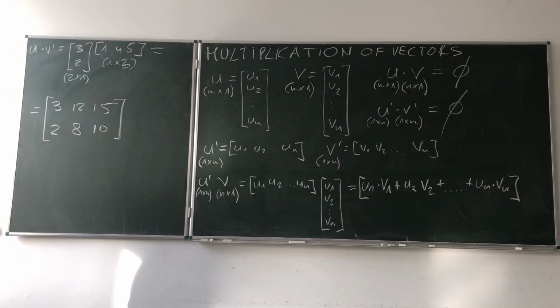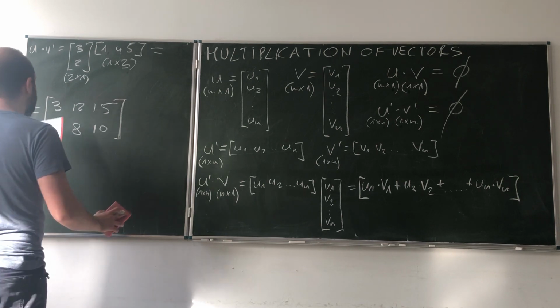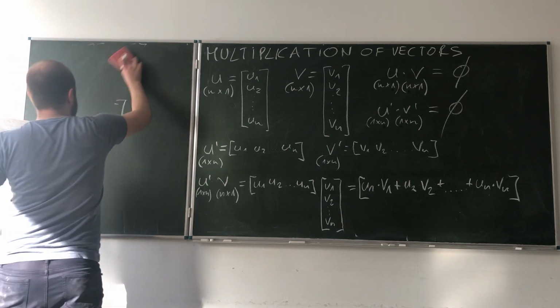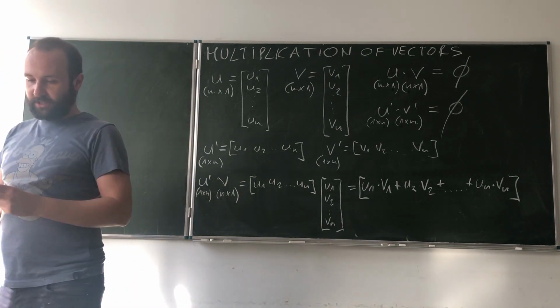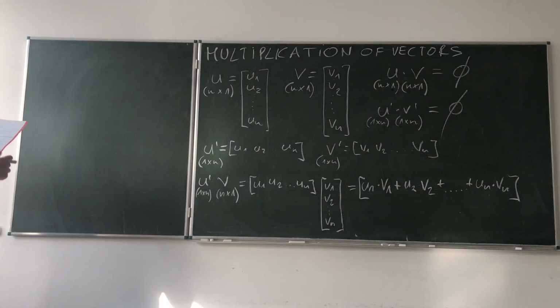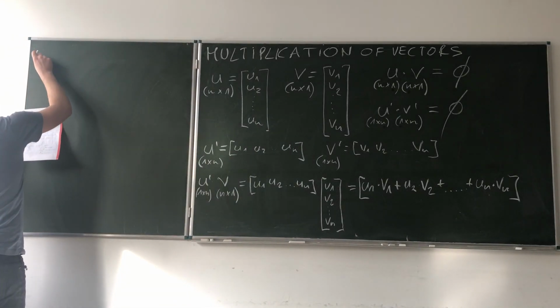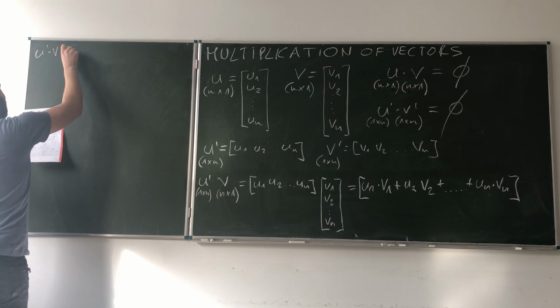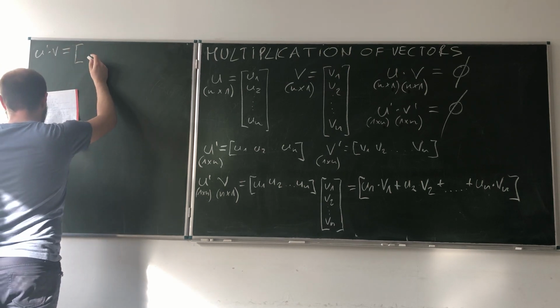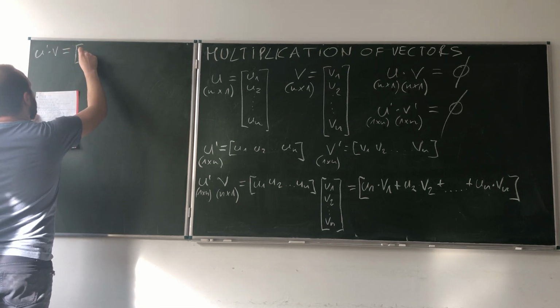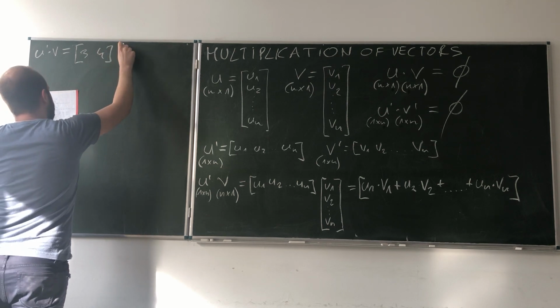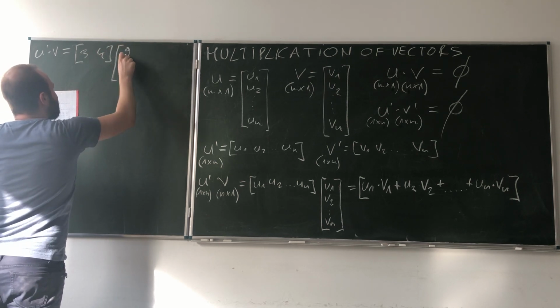So let's just do one example on this, and we'll see what we are getting. Okay, so we've got vector u prime times vector v. Vector u is 3, 4, while vector v is 9, 7.